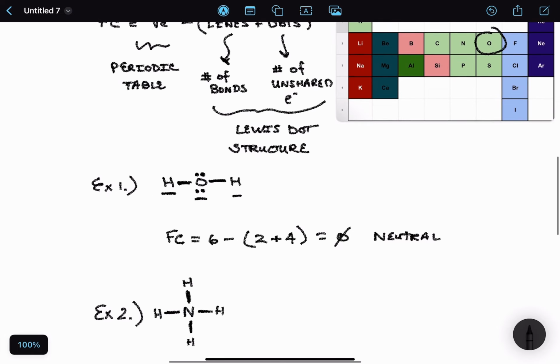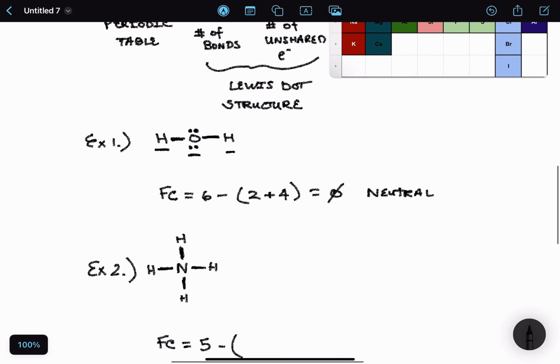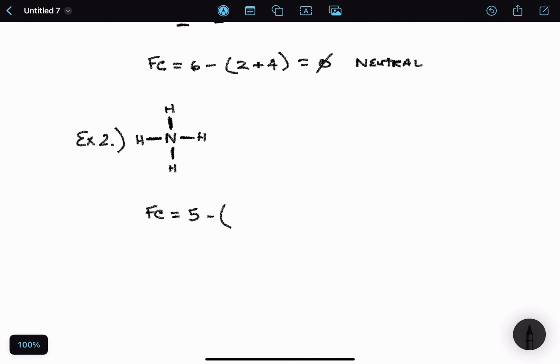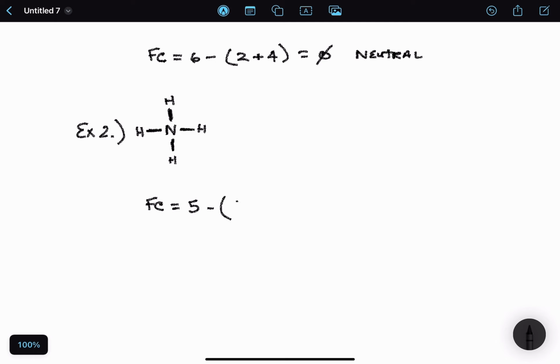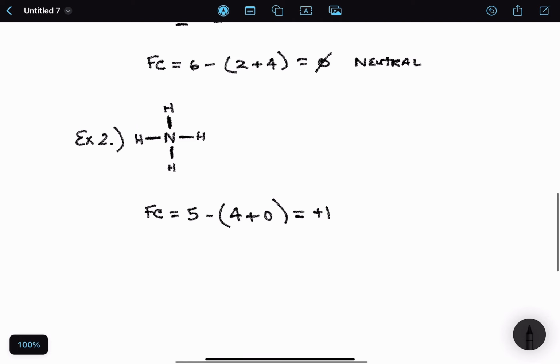Remember, the formula was lines plus dots. There are 4 lines around the nitrogen, so 4 bonds, and then we add the number of dots. There are 0 dots around that nitrogen. They're all just bonds. And so 5 minus 4 is plus 1, or just 1. So this Lewis structure will have a positive charge on the nitrogen.